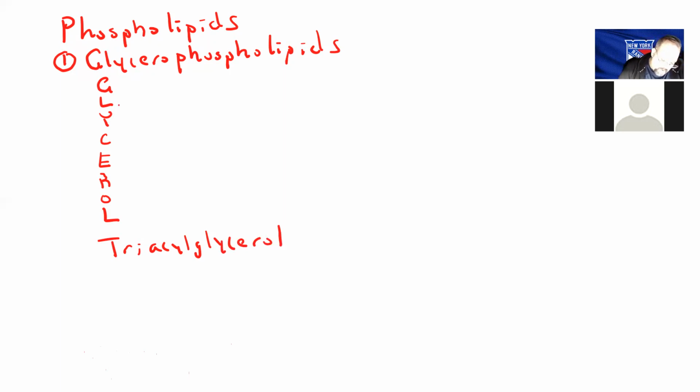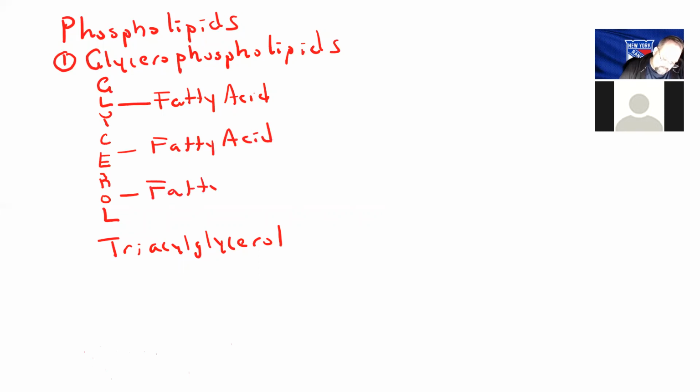And then as we know, attached to each of the oxygens of glycerol, you're going to have your fatty acids. So once, twice, and 3 times. How does that compare to what would be classified as a glycerophospholipid?